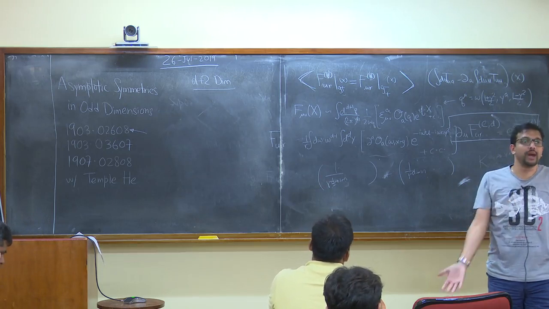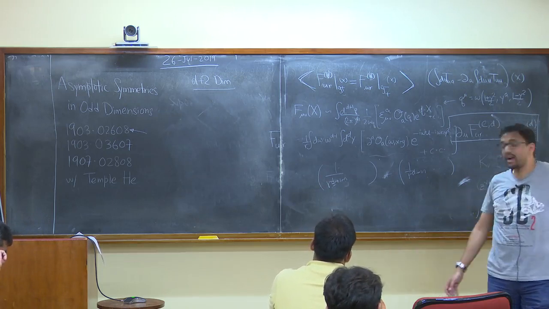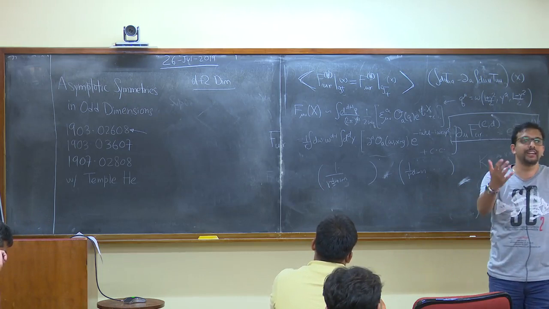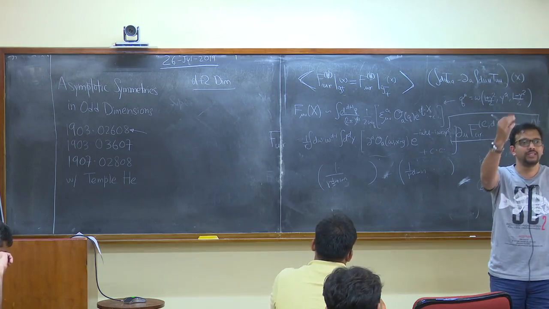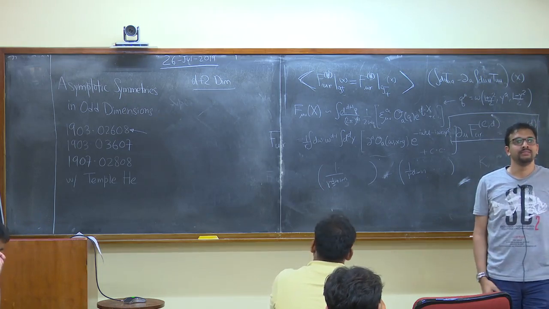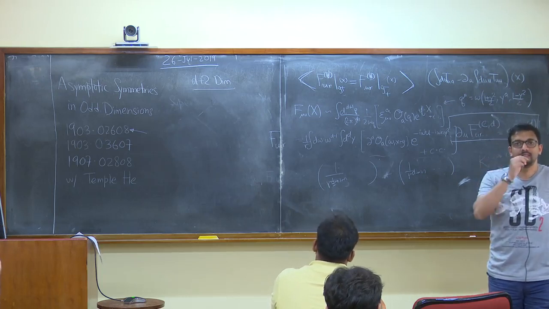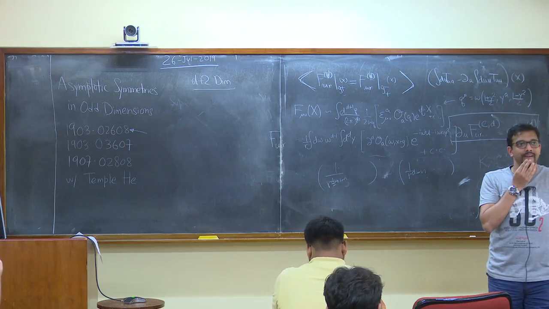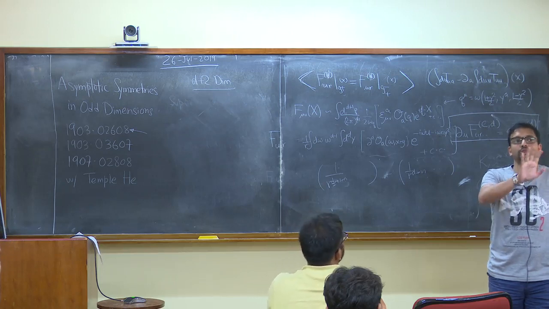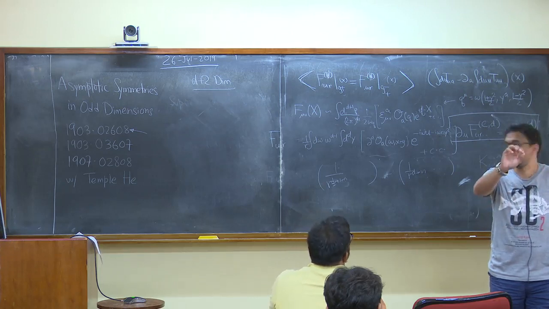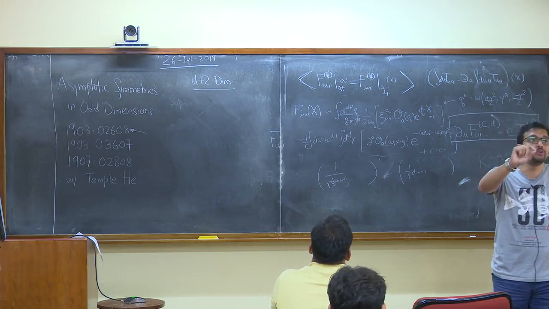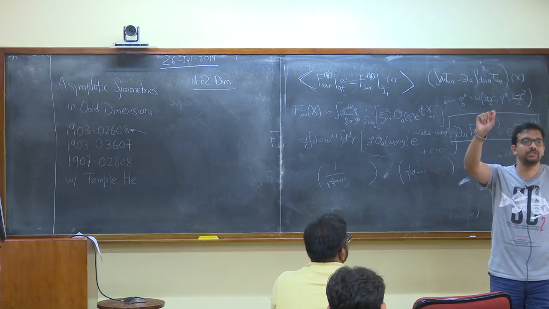I can tell you just what's happening here. The order of the Bessel function is d over 2 minus 1. D is usually the number of space dimensions, but in my notation, it's d over 2 minus 1 where the space-time dimension is d plus 2.